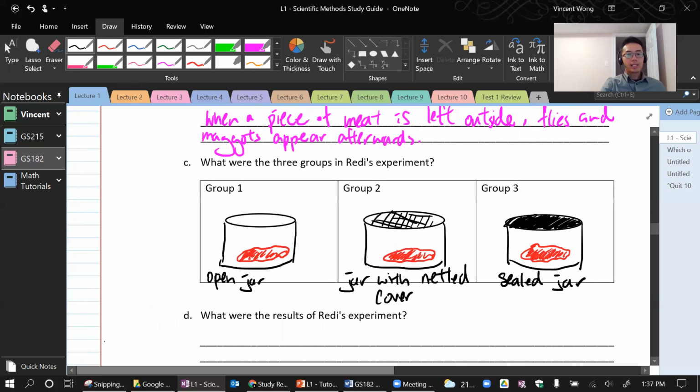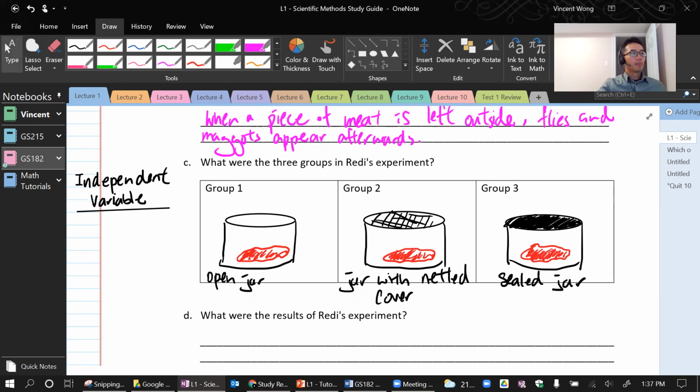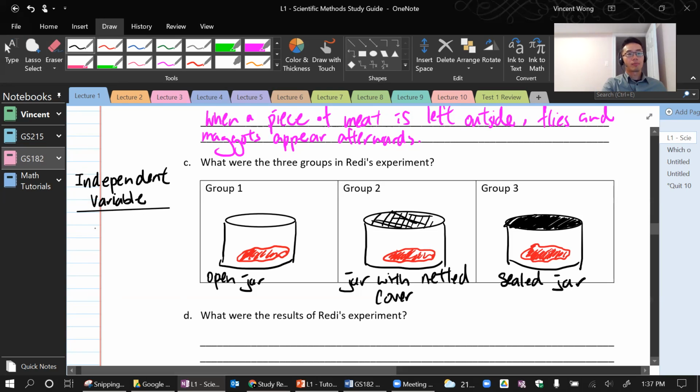So in this experiment, can somebody tell me what the independent variable is? Anybody? What's the independent variable? Megan said the lid. Yeah, pretty much. The type of covering, right? No cover, netted cover, sealed.